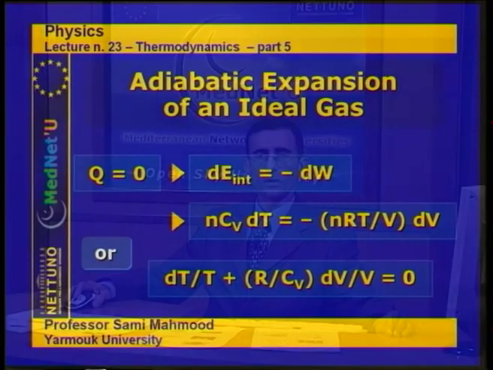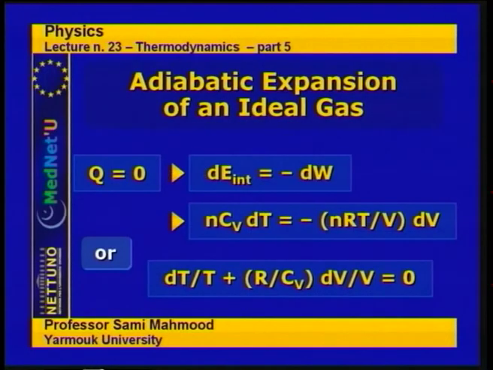And then we rearrange these terms, move them to one side of the equal sign in the equation, and we divide the equation all by nCvT, and we get the final form of the equation, dT over T plus R over Cv times dV over V is equal to 0.